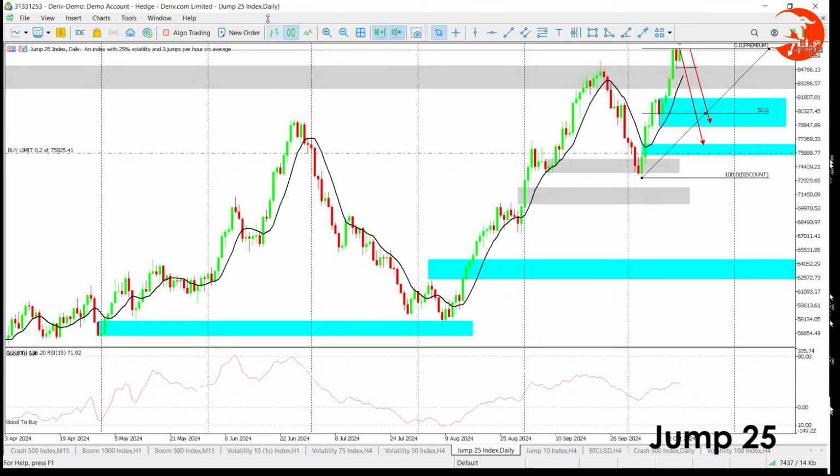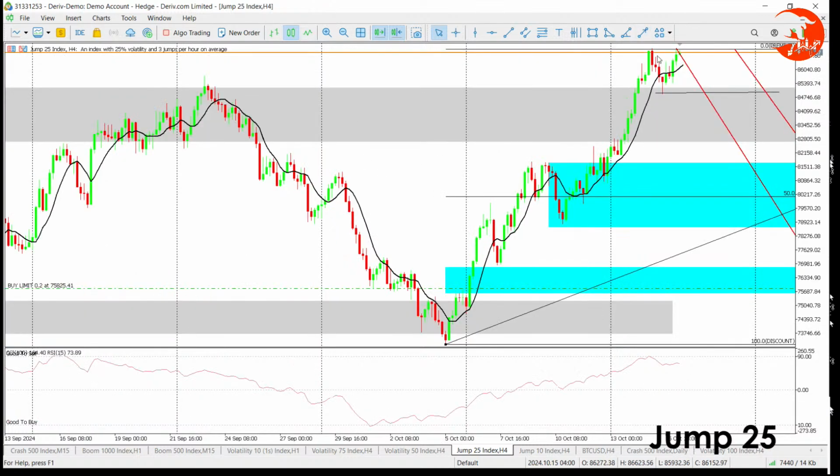But for now, all we know on H4, we may see some good double top come to our benefit, and we can make our entries when it breaks this level, and we go on for sales later on. So now jump 25, it's coming to shape for something that we can take advantage of.